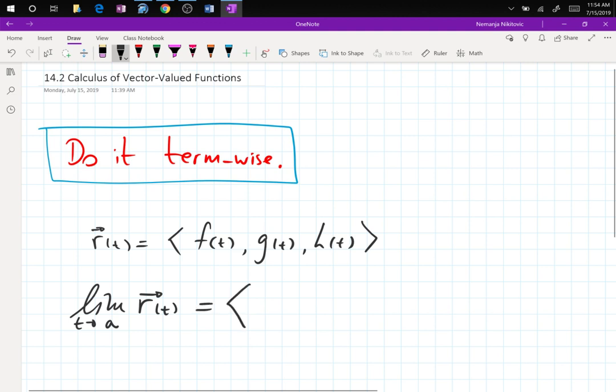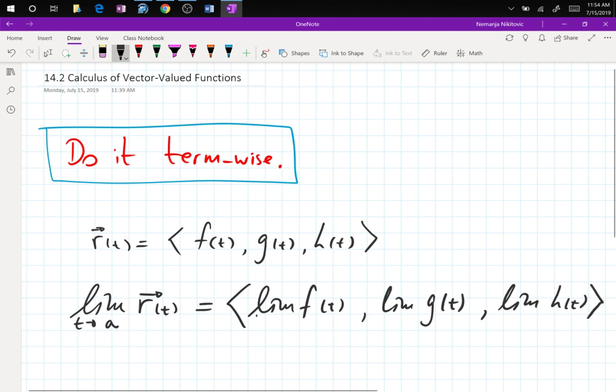Well, it's just going to be the limit of f, the limit of g, and the limit of h. As I said, term-wise, all of these are individual limits.